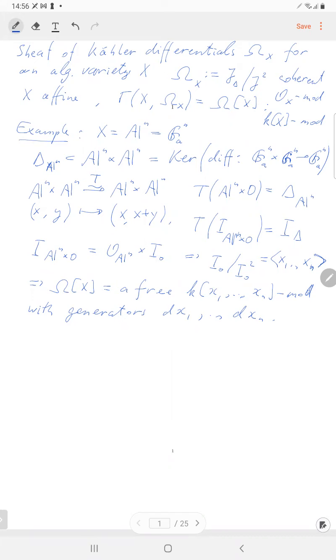Okay, and then in the home assignment, the first exercise, you have to check that the Kähler differential is what it's supposed to be.